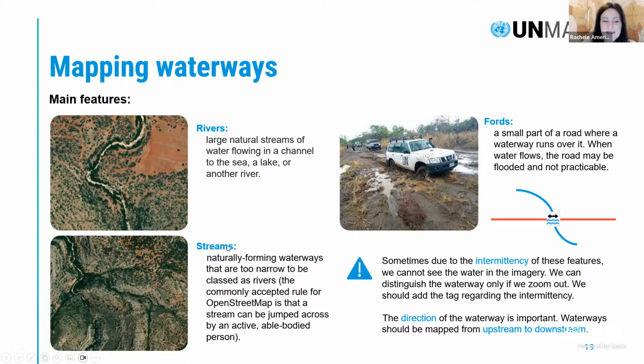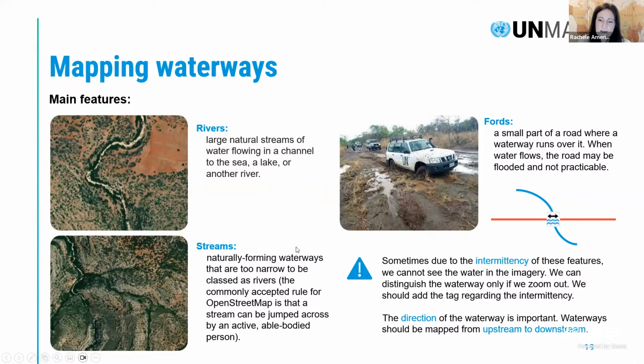So in this case, it will be a stream. So my suggestion is, unless you see a very evident river, like in this case, where you can see that we have evidence of a river here, I would map the feature as a stream.